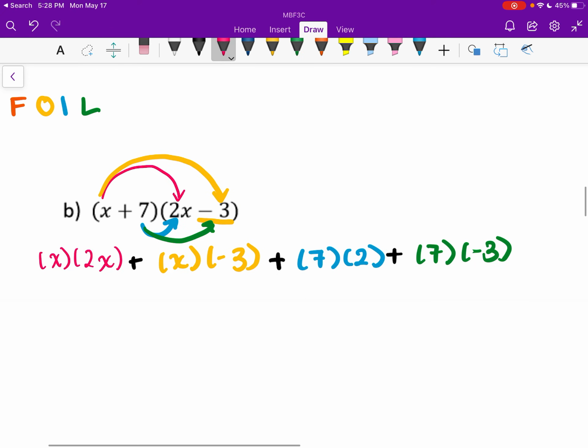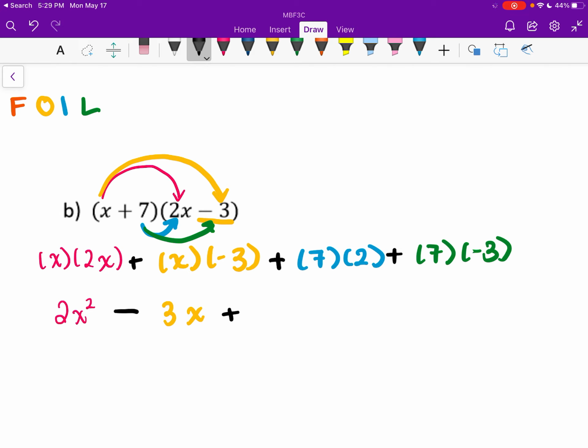So let's just do the math. x times 2x is going to be 2x squared. We just assumed this is 1, so we multiply those, and then we multiply the x's together. Plus x times negative 3 is going to be negative 3x. A positive and a negative just become a negative, so I'm going to leave this as negative.